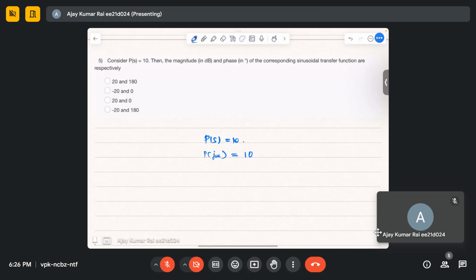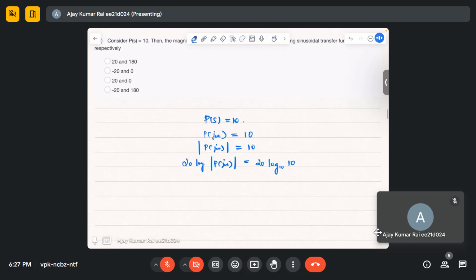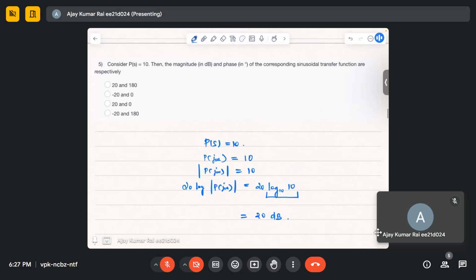So how to find it? It will be 20 log of the magnitude of P of j omega, which will be equal to 10, because we don't have omega, only a constant term. So 20 log of 10, base 10, and log of 10 with base 10 is equal to 1. So magnitude is 20 dB.